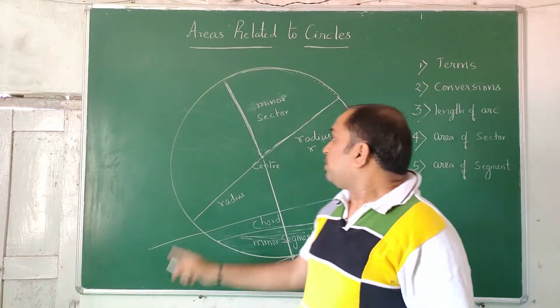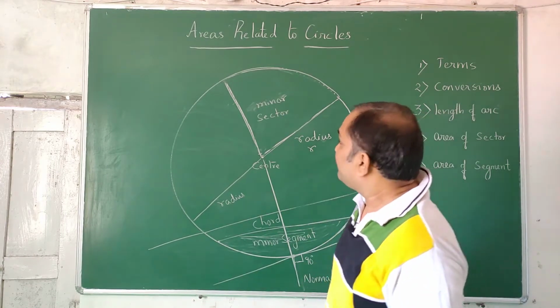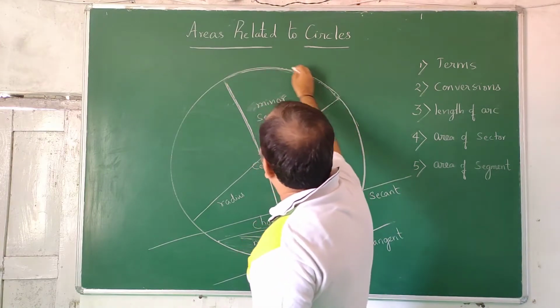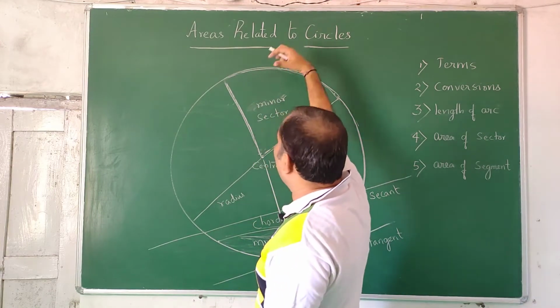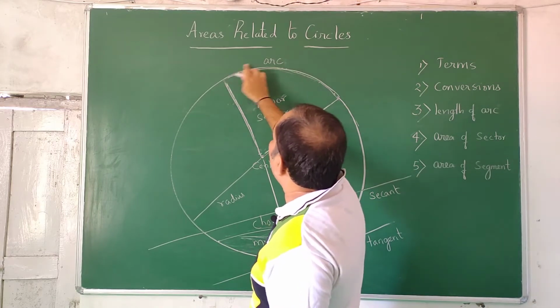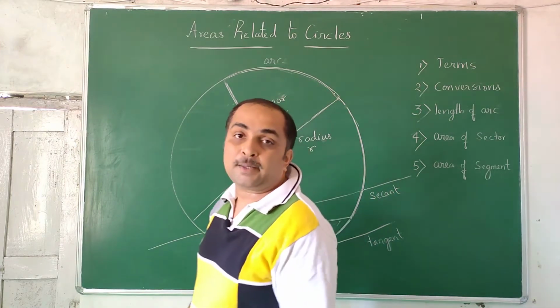The small one is called minor sector, the big one is called major sector, and this outer portion of the pizza before removing the portion is called arc. Again, smaller arc, minor arc, the other portion is called major arc.